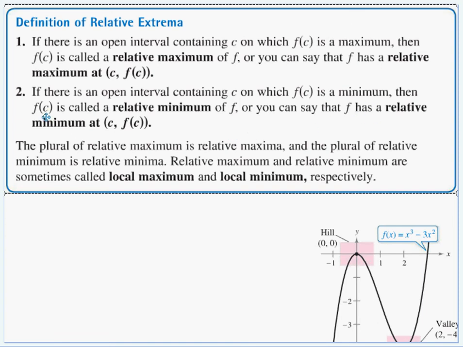The plural of relative maximum is relative maxima, and the plural of relative minimum is relative minima. Relative maximum and minimum are sometimes called the locals, the local max or the local min, as opposed to the global. Remember, the global max would be the highest of all the hills. You can have several local maxes, but only one global.